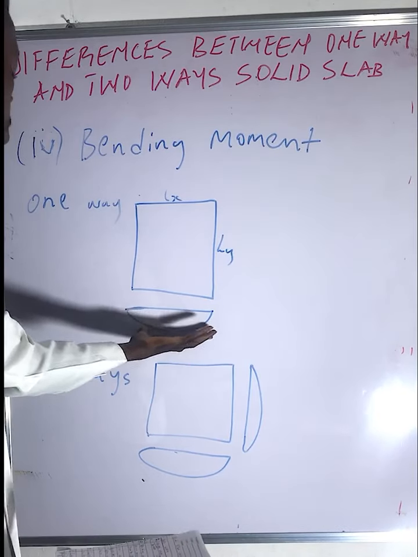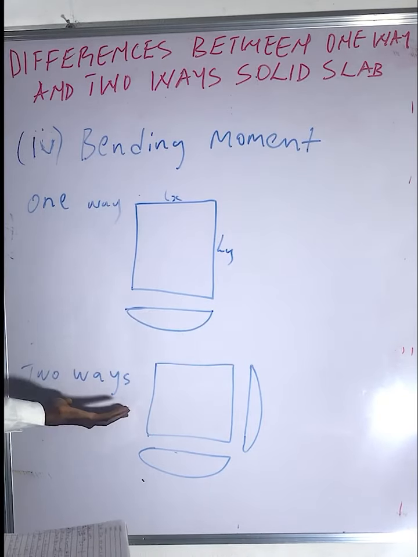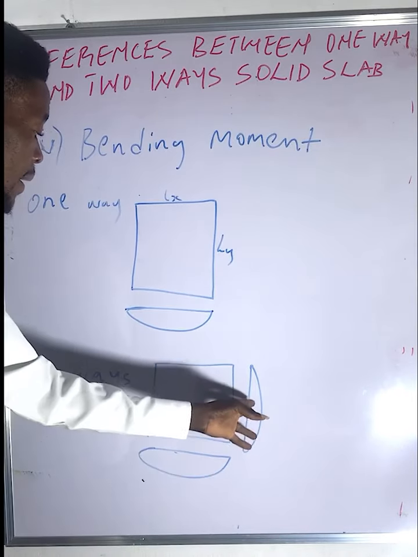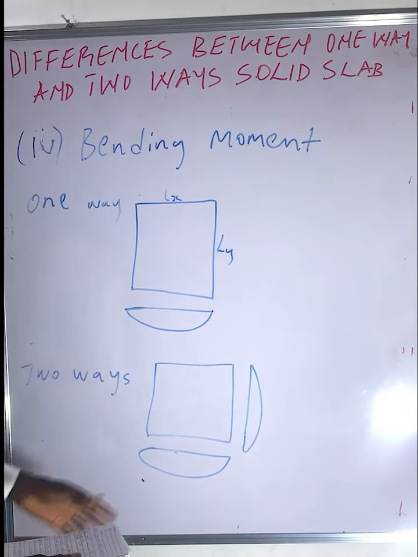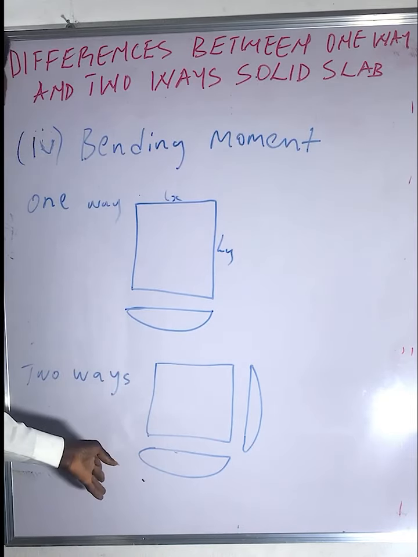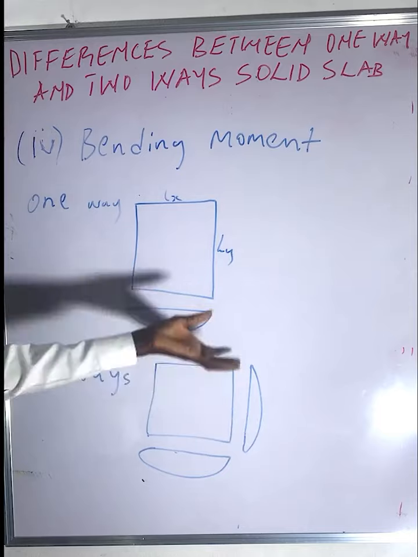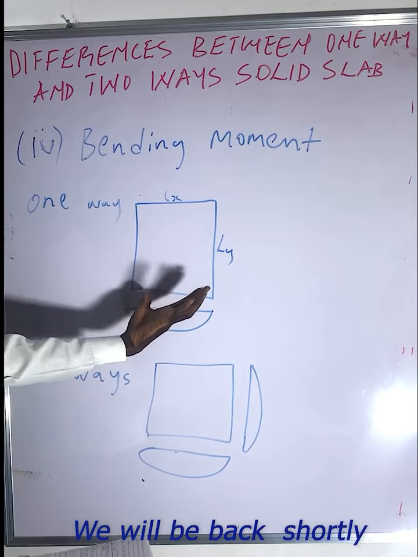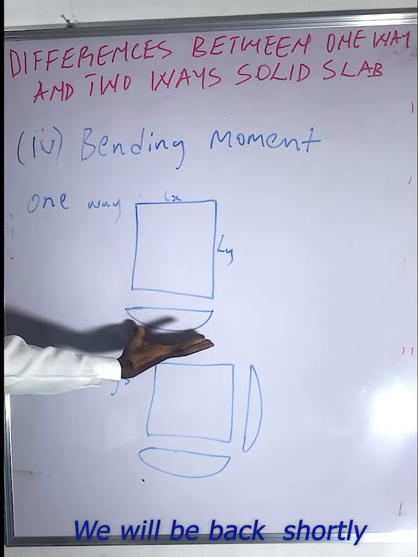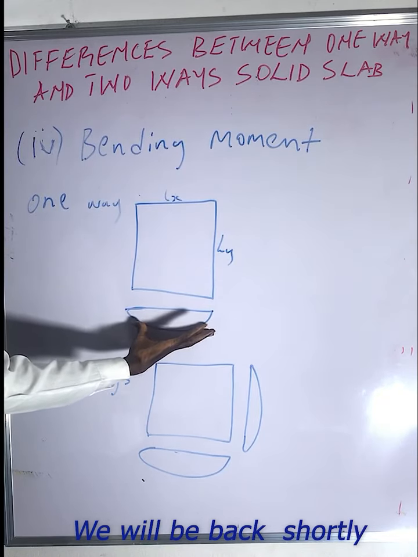It occurs in only the short span direction, while for a two-way slab, your bending moment occurs in 2 directions, the short span and the long span. Because you are designing for both directions. So you have your bending moment at the shorter span and at the longer span. While for the one way, you only design for the shorter span, while the longer span is distribution bar. So your bending moment only occurs in one short span direction.